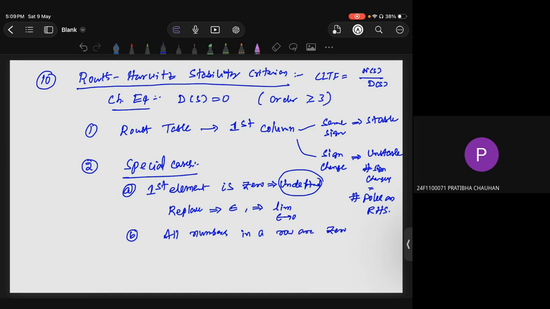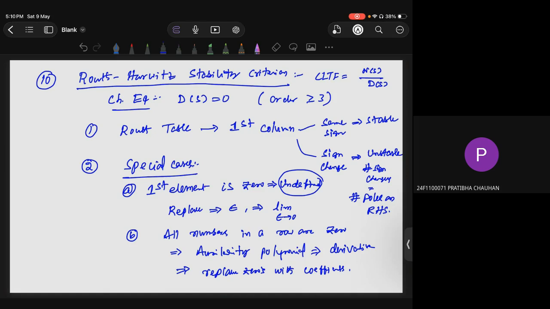In this case, we take something called the auxiliary polynomial, take the derivative, and replace the zeros with those coefficients. Then continue the calculations. That's how we will do it. I hope this is clear.